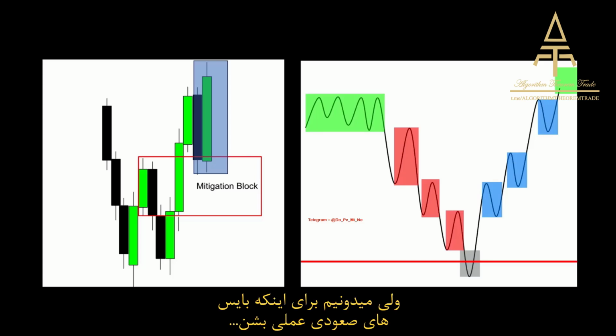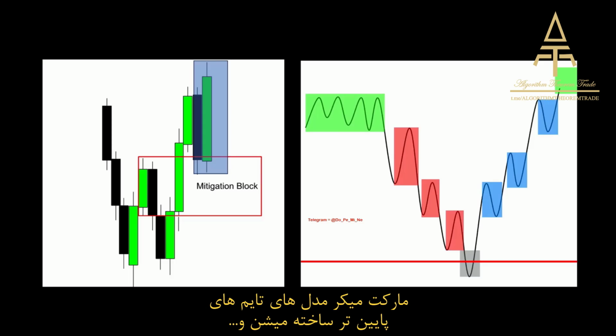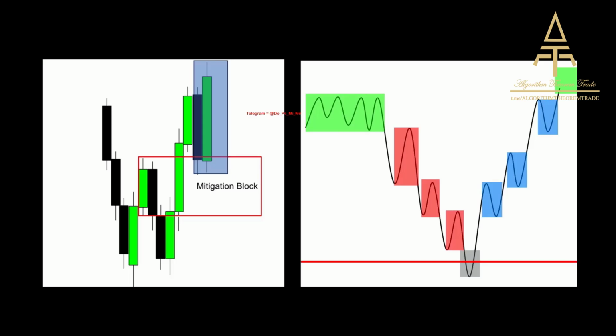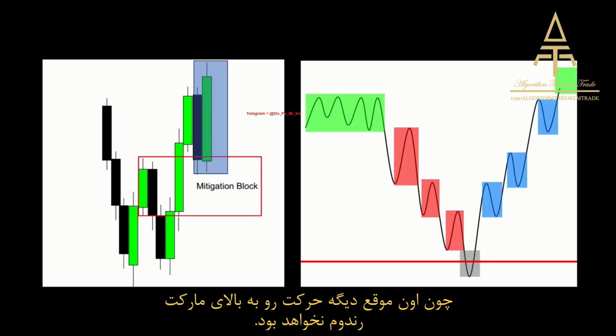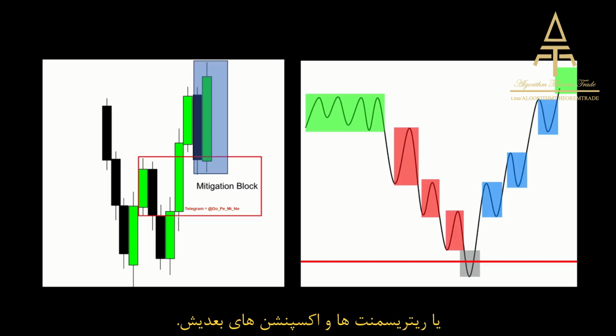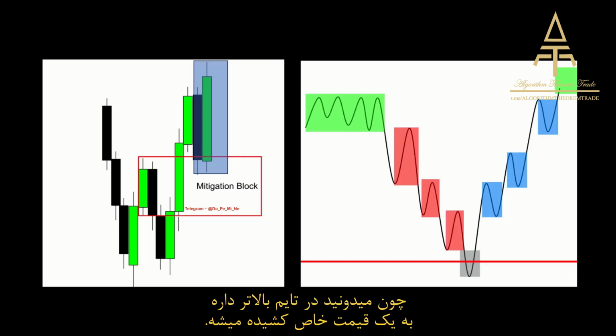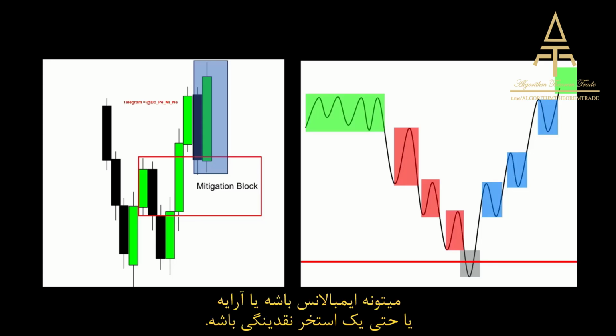But if you know that in order for a higher time frame bullish scenario to play out, lower time frame market maker models will form, you seriously have such a big advantage. Because then it's not random anymore why the market goes up or why it retraces and then aggressively goes up again. Because you know that on the higher time frame, it's drawing to a specific price level. It's drawing to a key liquidity pool or a key PD array slash imbalance.